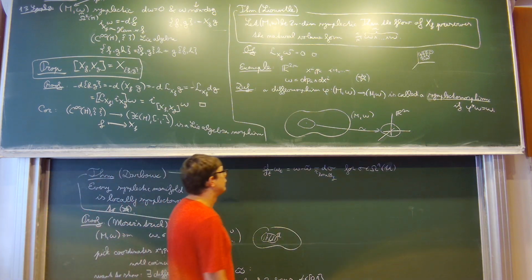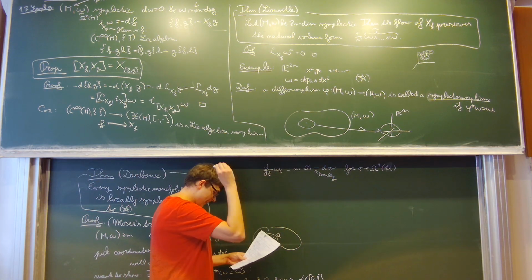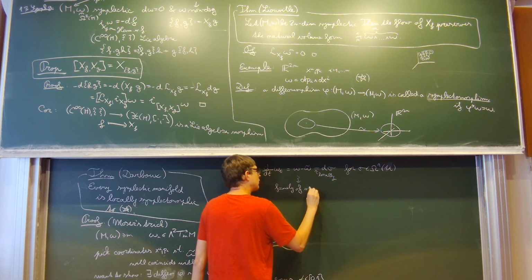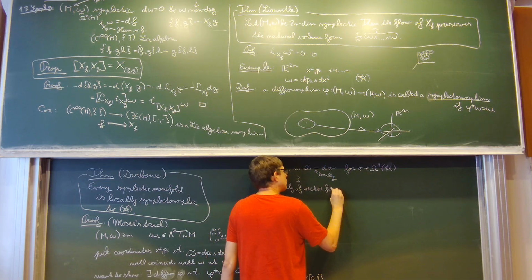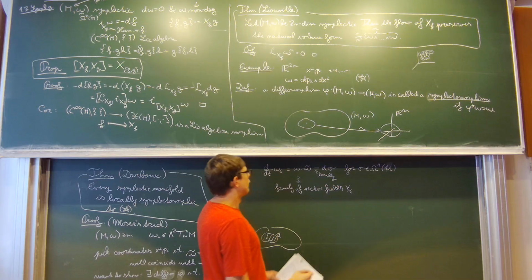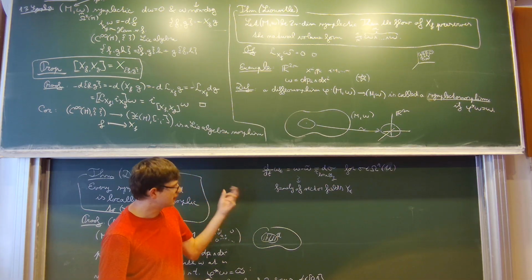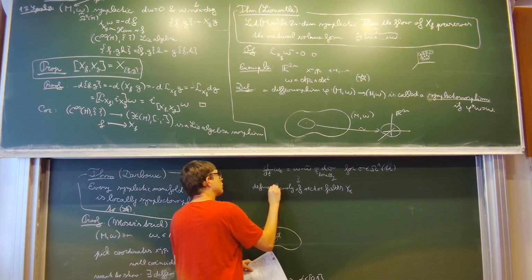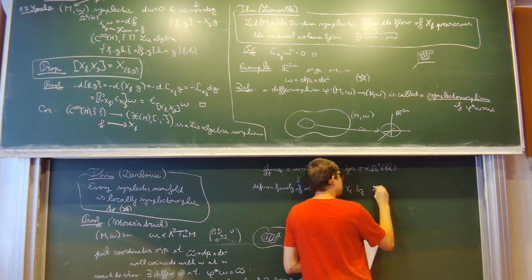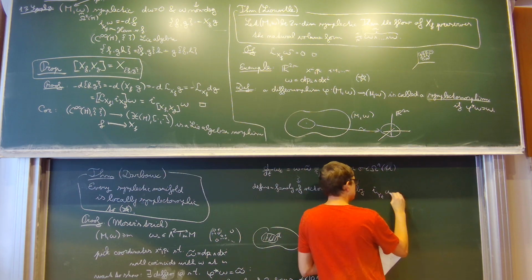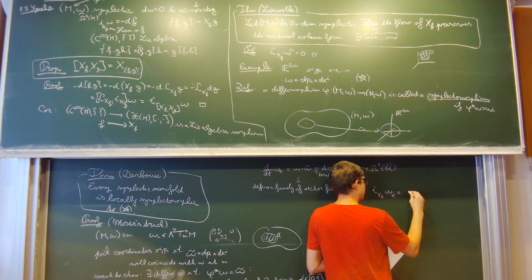Okay. So now I will use the last thing. Now we will define a family of vector fields Y_t, using the fact that at each time t, I define a family by requiring that if I stick them into omega at that time, I will recover the sigma, maybe with the minus.